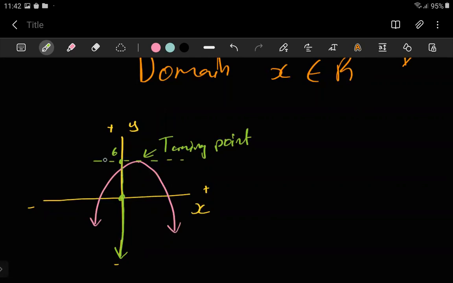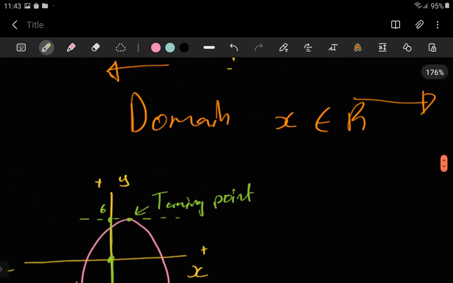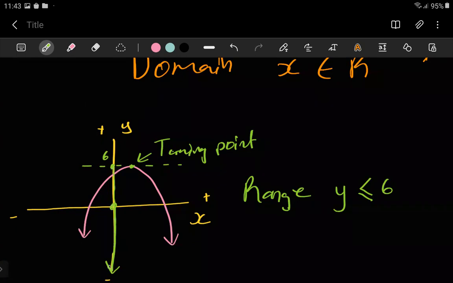You see it all the way going down, but you don't see it anywhere above 6. You see it specifically at 6 also, but nowhere above. That's why for the range here, you're going to say your y values are below or equal to 6, because your y values start from 6 here, going all the way down to negative infinity.